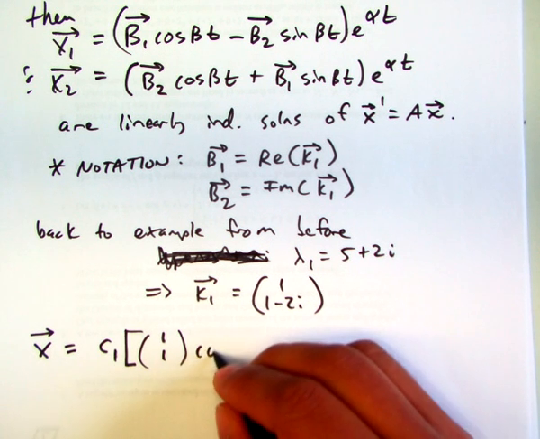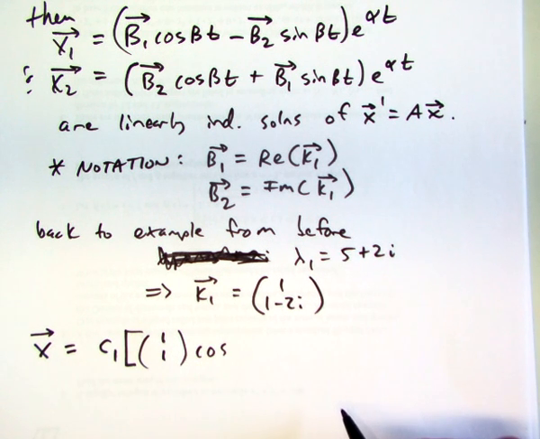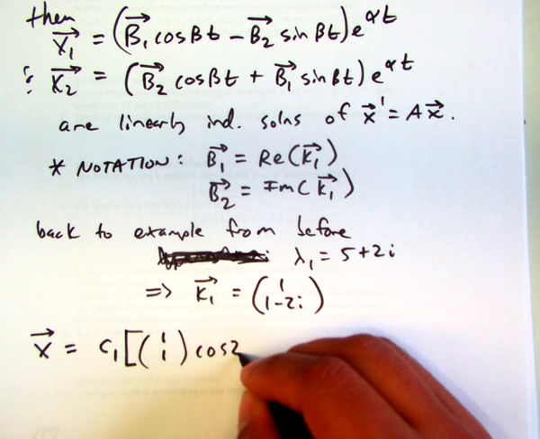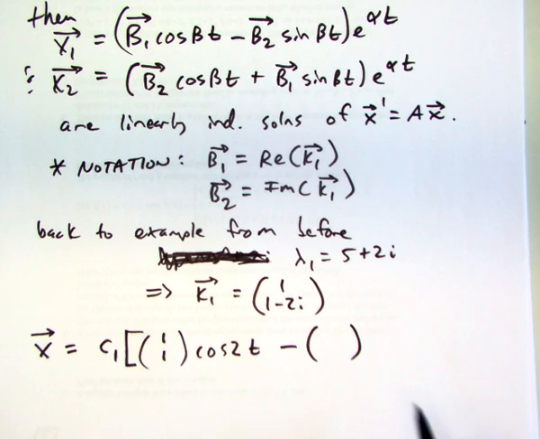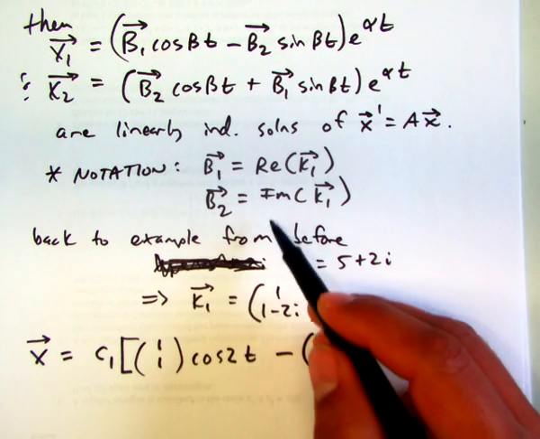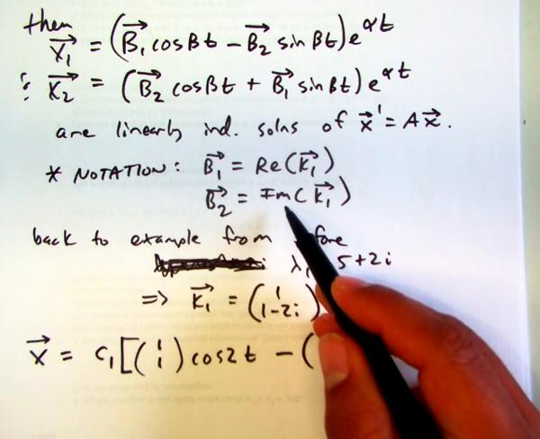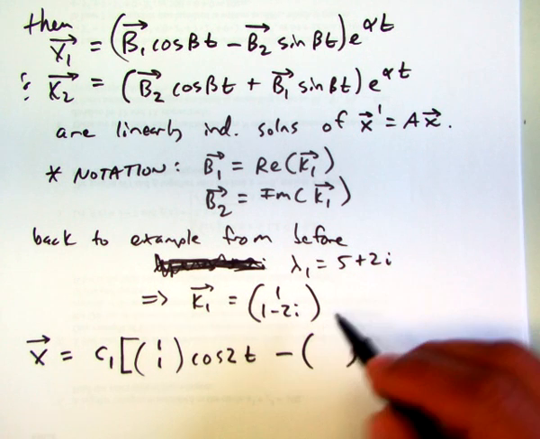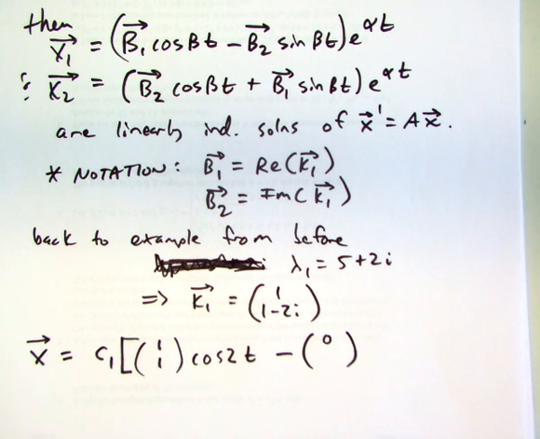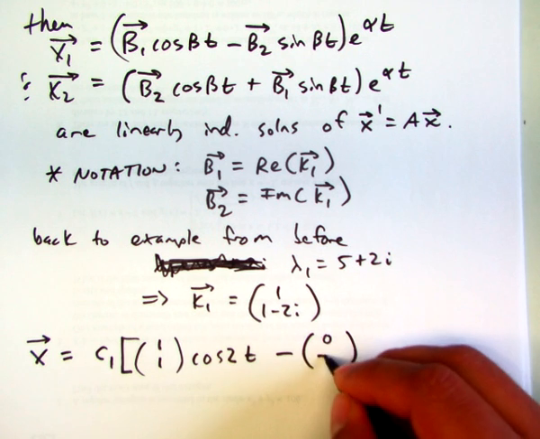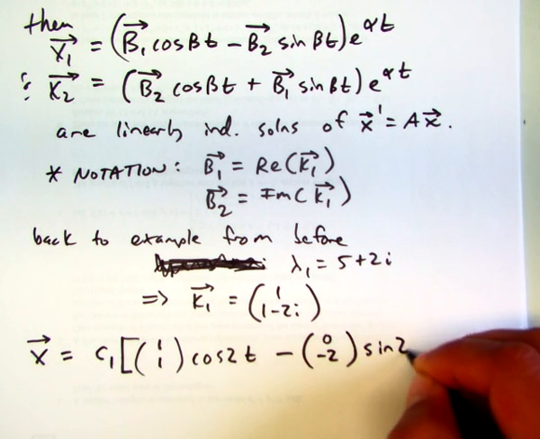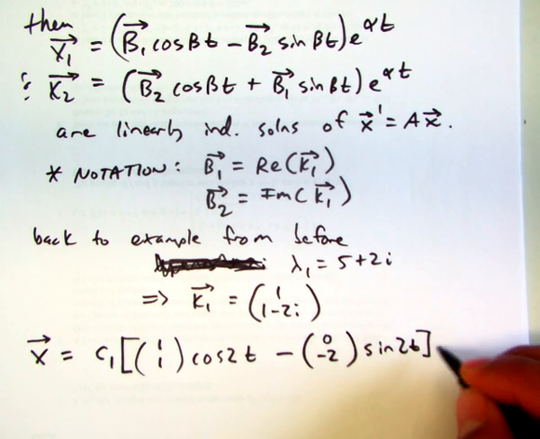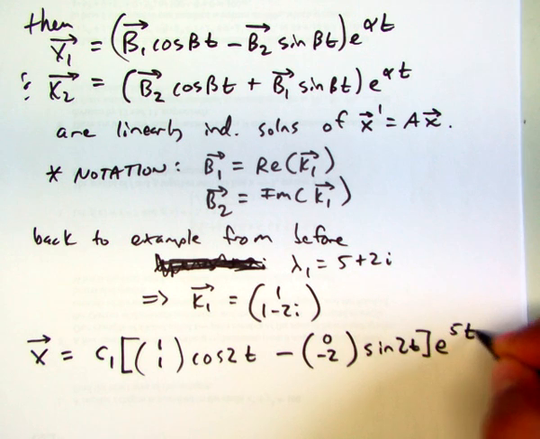Cosine beta, what was it, 5 plus 2i, so beta would be 2, minus, and then this again, b2 is just the imaginary part of the eigenvector, literally. So for the top part of the eigenvector, we didn't have an imaginary portion, but for the bottom part, the imaginary part was negative 2. Okay? And then that's all times e to the alpha, so 5t. That's the first half of the solution.